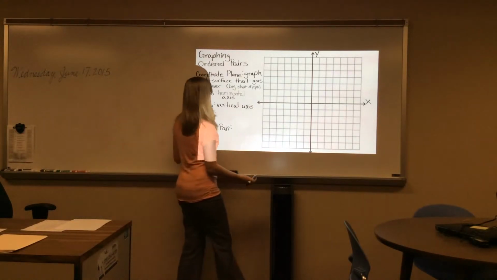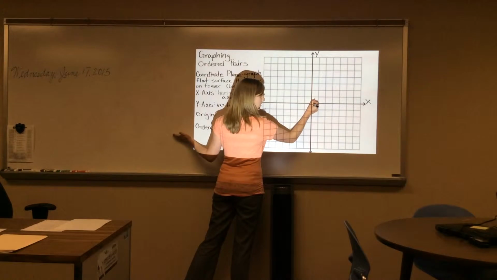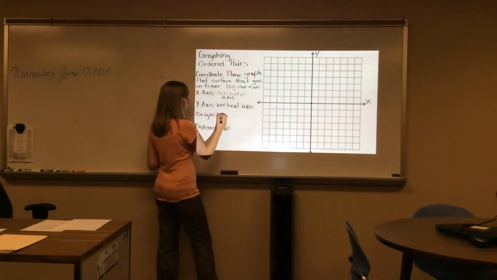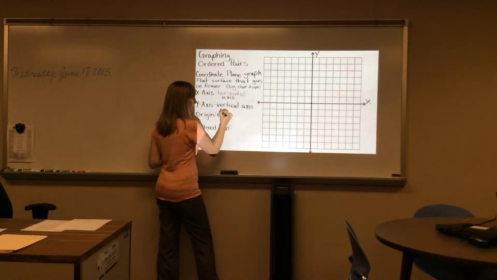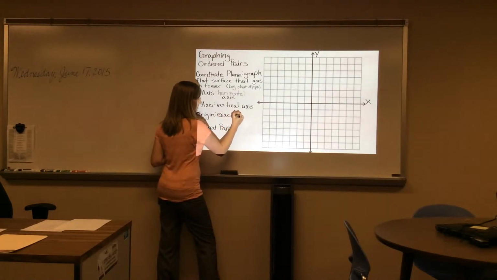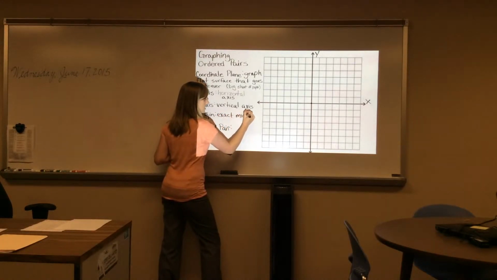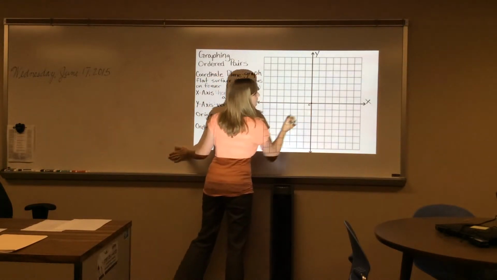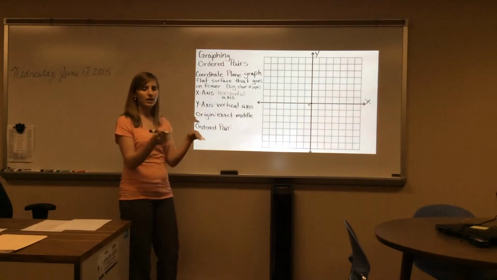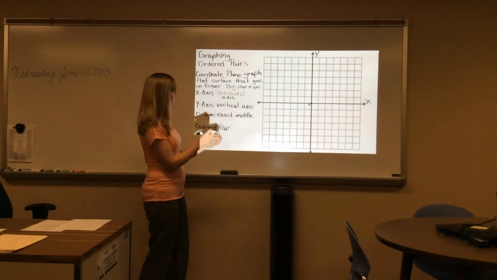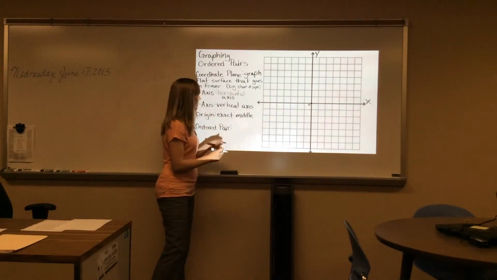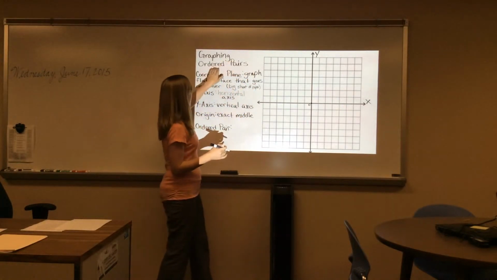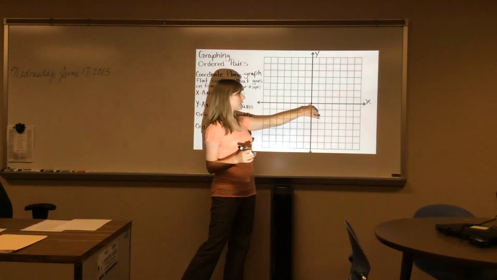Now, where they meet, right here, the very middle of the graph, is called the origin. It's the exact middle, and it's always 0. So this is 0 for X and for Y. It's the exact center, and it's called the origin. When we are graphing ordered pairs, this is where we're going to be starting.